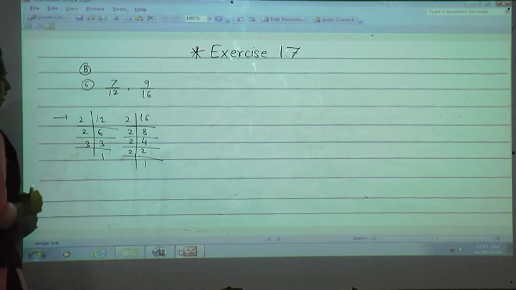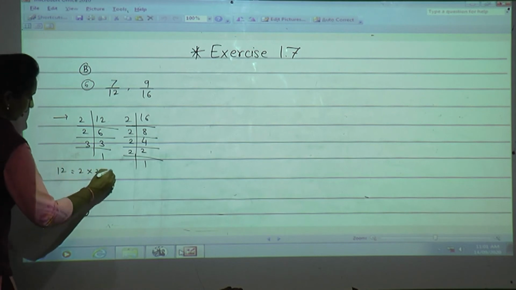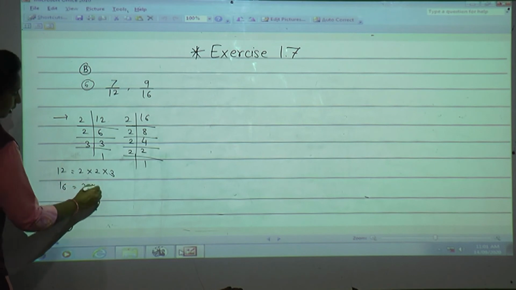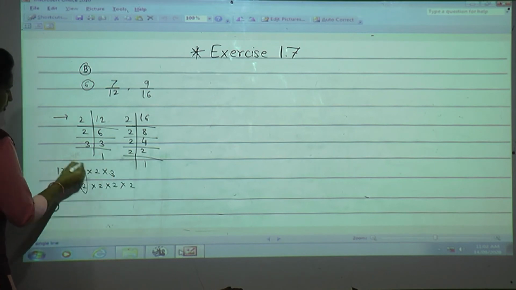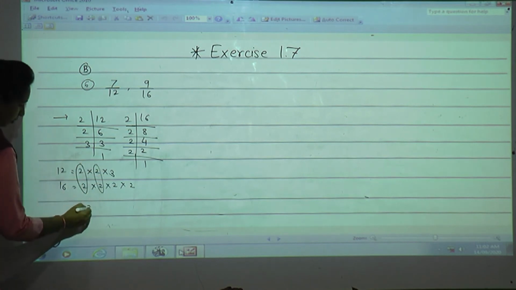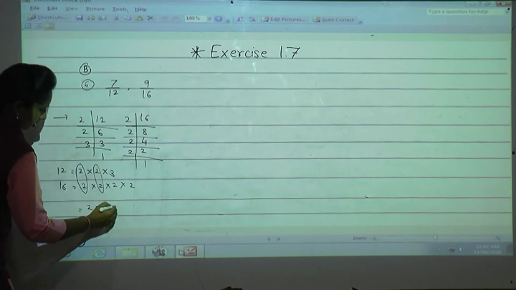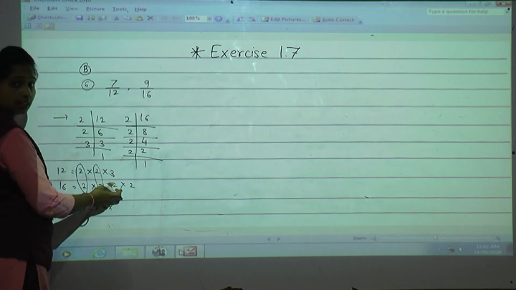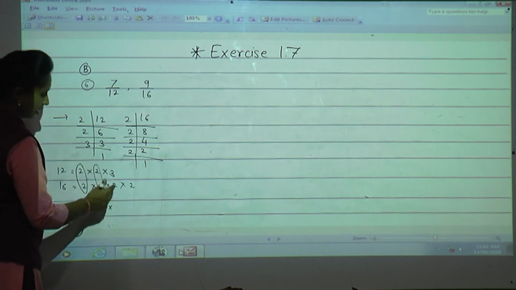Now what are the multiples of 12? 2 multiplied by 2 multiplied by 3. What about 16? 2 multiplied by 2 multiplied by 2 multiplied by 2. Now circle the common multiples. So write only once 2, 2, and write the remaining numbers. See here 2 is same, but in the multiples of 12 it is not there.